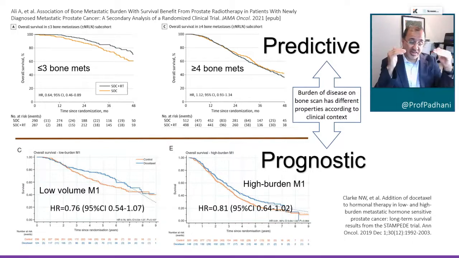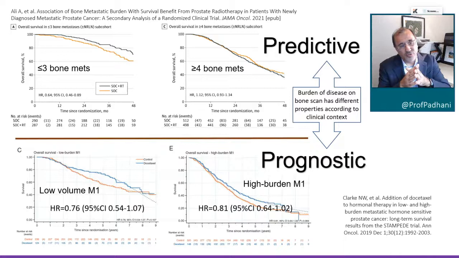So if you have metastatic hormone-sensitive prostate cancer presenting with metastatic deposits, and you want to decide whether to give patients radiotherapy or not, if you have less than 3 bone deposits, then that predicts for an overall survival advantage to the administration of pelvic radiotherapy. And you can see that if you have 4 or greater, there is no advantage. So you can see how that's being predictive of a response to pelvic radiotherapy.